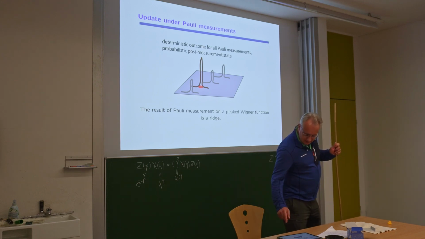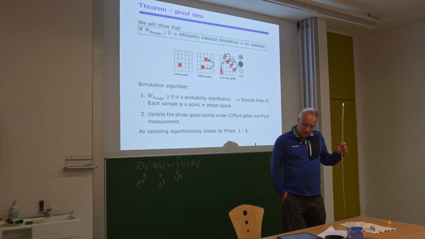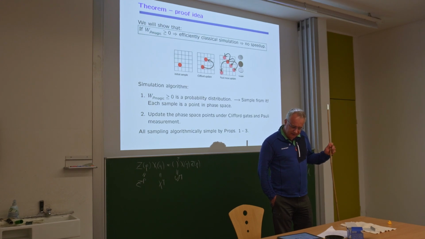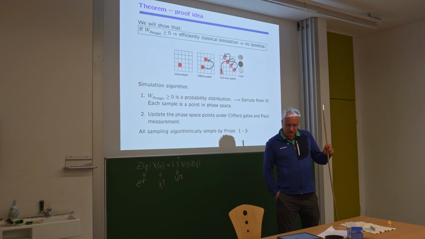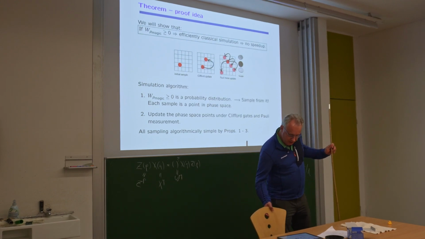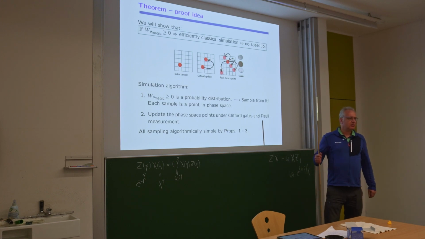Okay, good then. I think we are getting there for today. And so this is now the proof idea, how we are using all these properties to show what we had to show. So let's try to remember what we wanted to show. What we wanted to show was that negativity of the Wigner function is a precondition for quantum speedup.